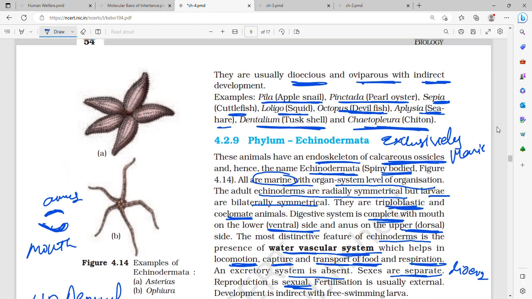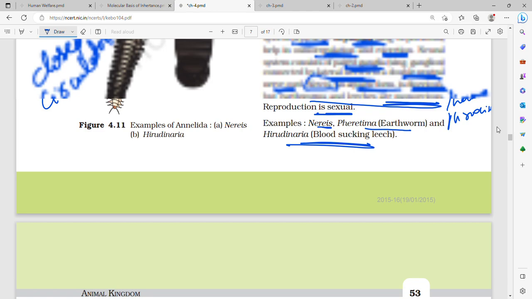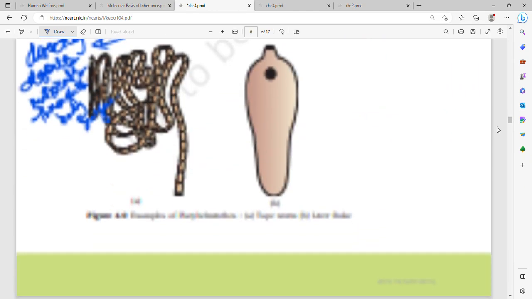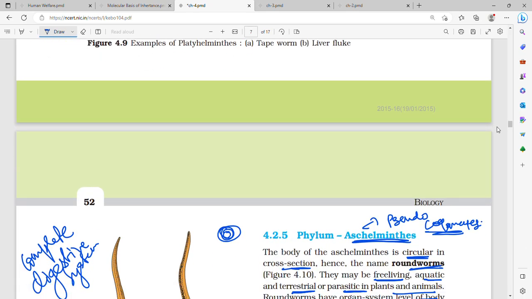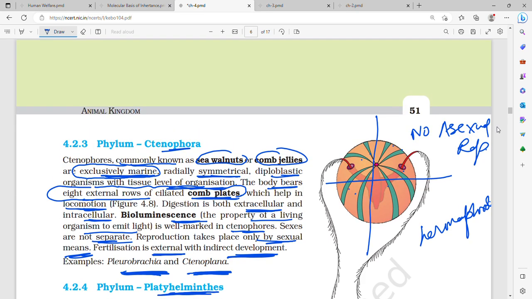There was another phylum in which there was no asexual reproduction. That was Ctenophora.